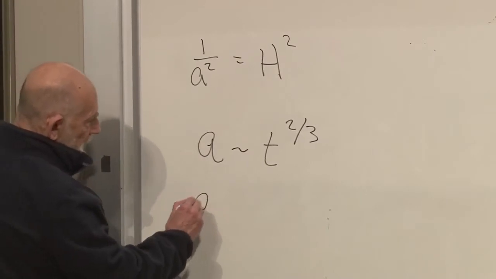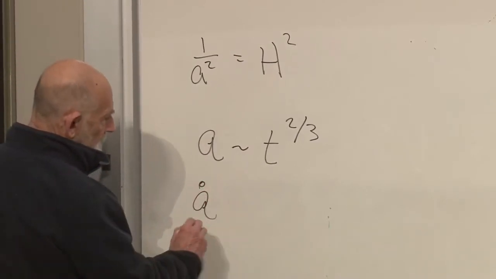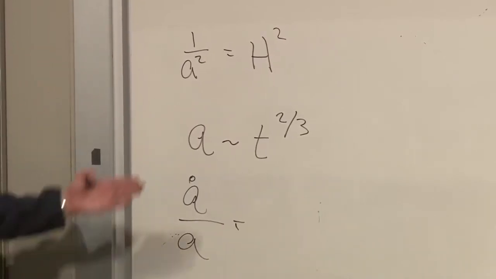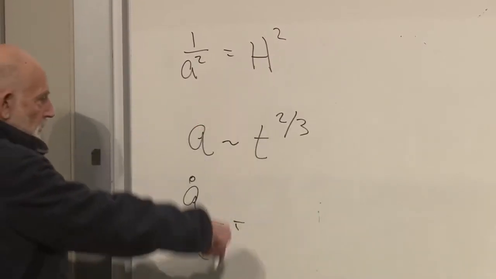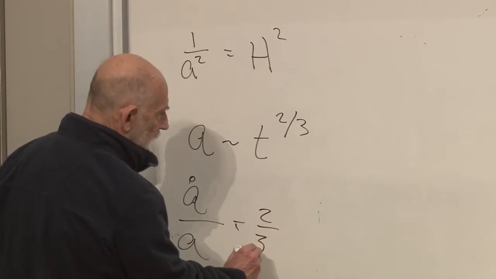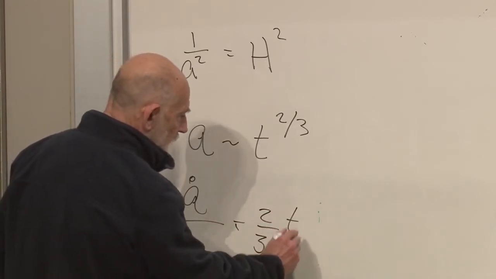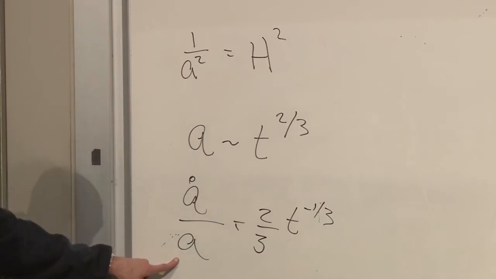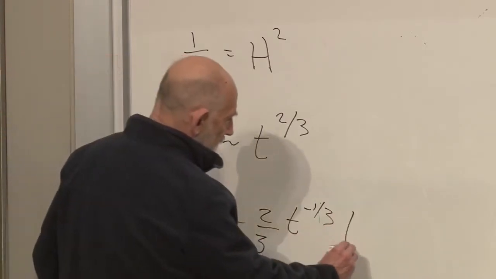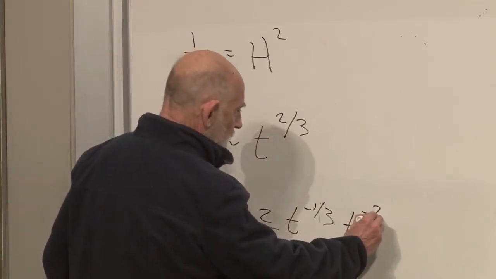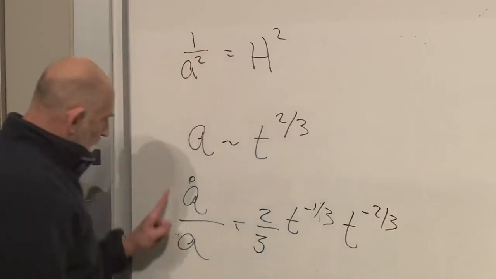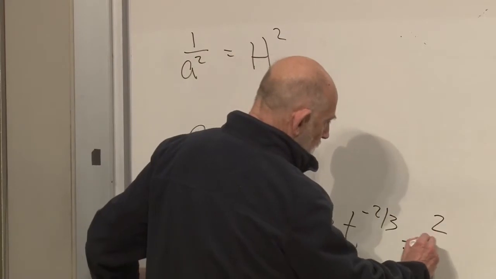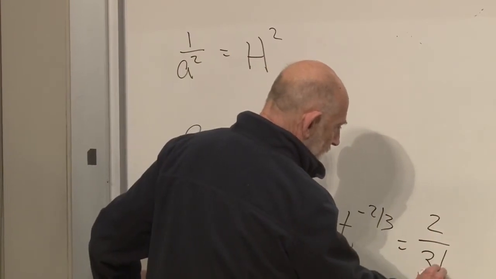And so let's calculate a dot over a. What's a dot? A dot is the time derivative of t to the 2/3, which is 2/3 t to the minus 1/3, and then we divide it by a. So we divide it by another t to the minus 2/3. Altogether, a dot over a is just 2 over 3t.